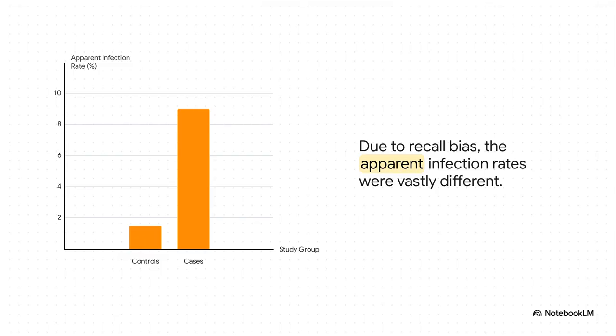Maybe only 1.5% of them even recall it. But the mothers of the sick children, our cases, they've been searching their memories. They remember everything. And maybe 9% of them report having that infection. And just like that, bam, your study shows a massive, terrifying link that is completely fake. That's how recall bias can literally create a phantom risk out of thin air.